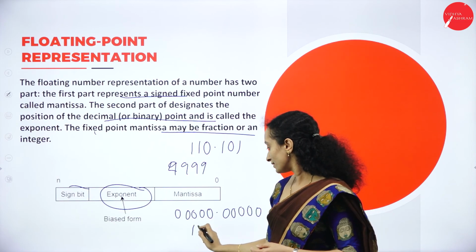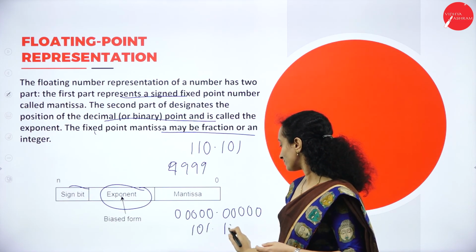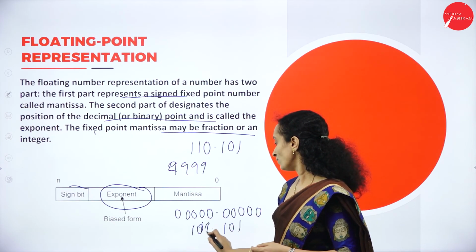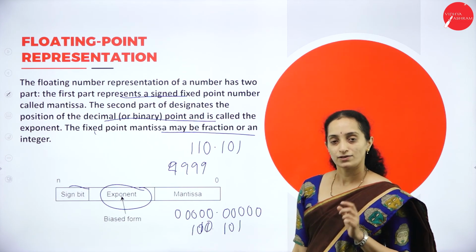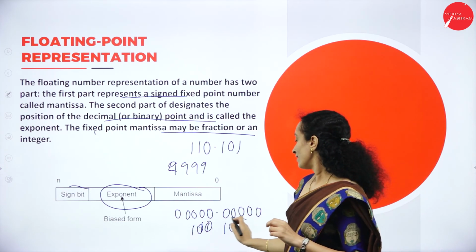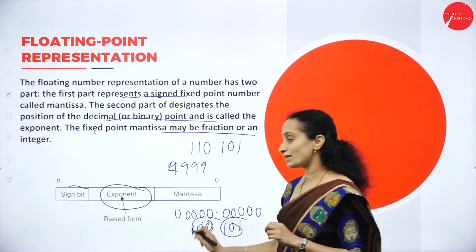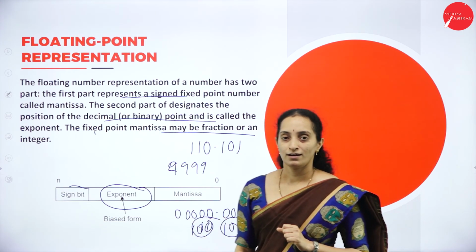You can represent only 3 bits. 110.101. Okay, floating point doesn't bother about how many bits you have occupied.